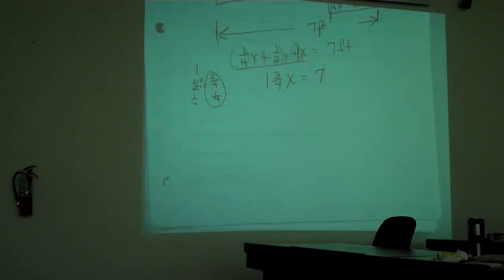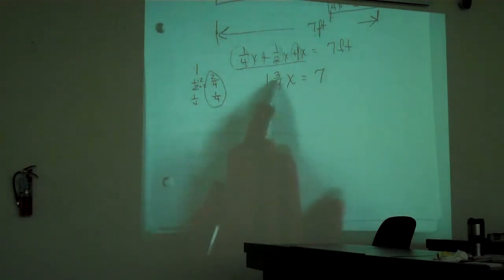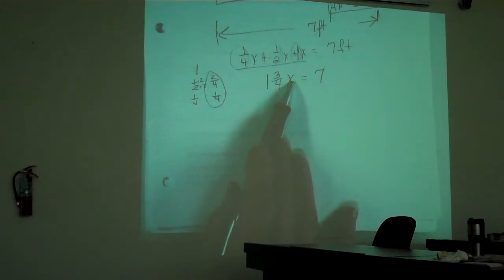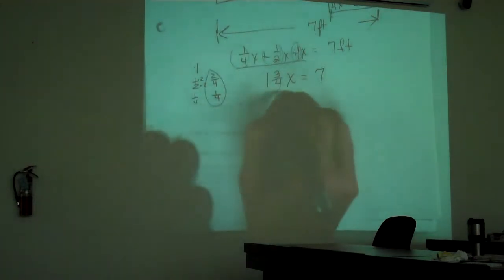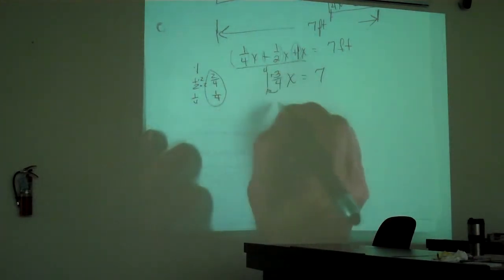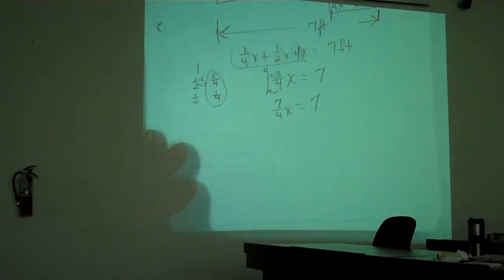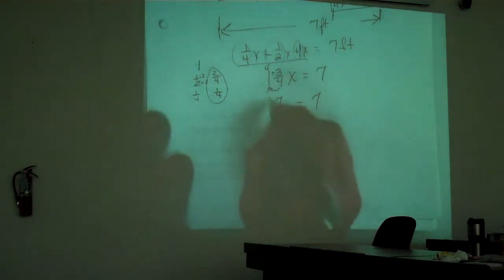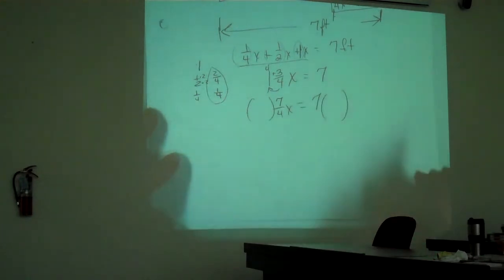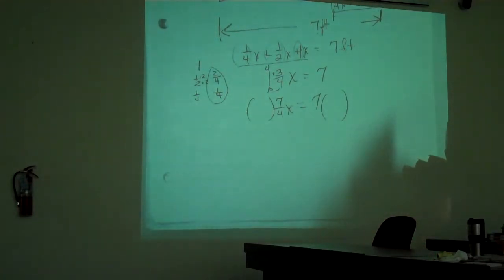Okay. What do we do with this number? It's multiplied here, so we need to divide it, right? Let's turn it into an improper fraction before we divide it. 4 times 1 is 4 plus 3 is 7, so 7/4 X. Okay. To get rid of this, we're going to divide by the 7/4 or multiply by what? When you divide by a fraction, you multiply by the reciprocal.